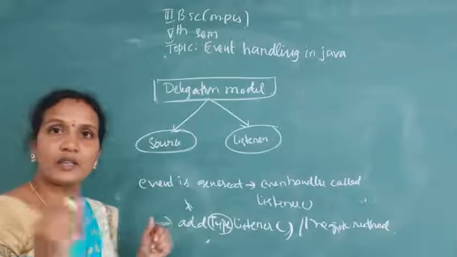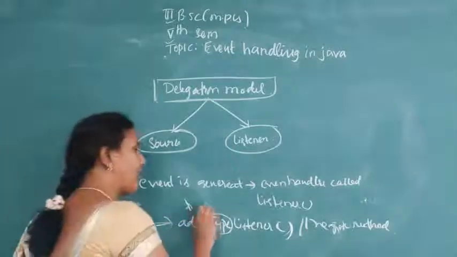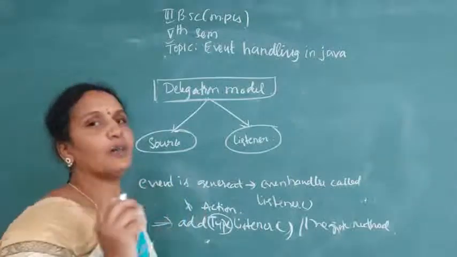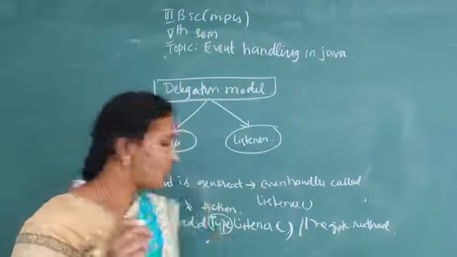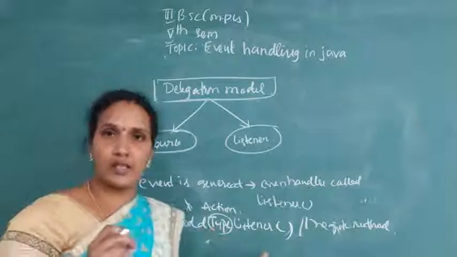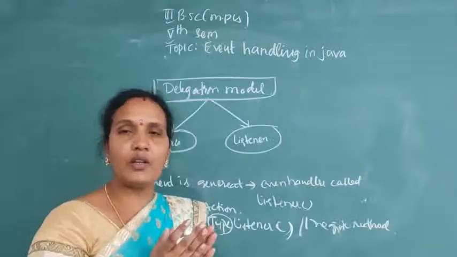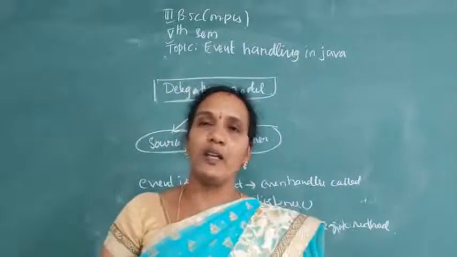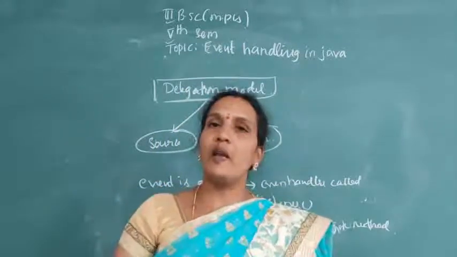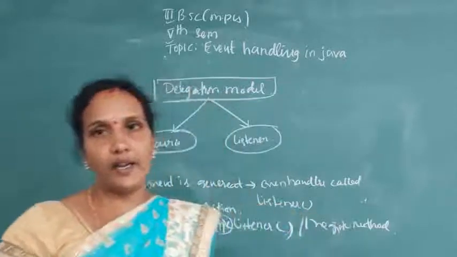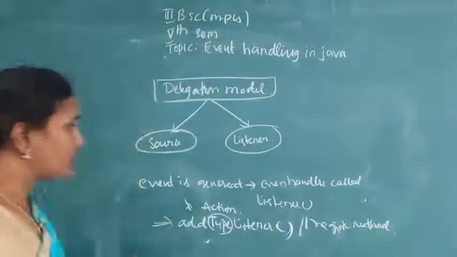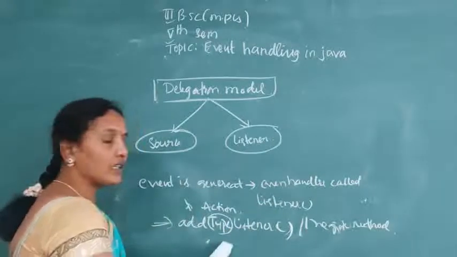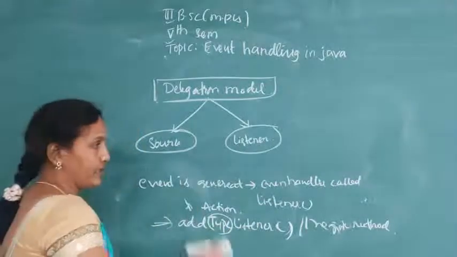Clicking on the button comes under action, so here the type is action listener. Based on the type of event you are performing, you should register with that particular listener, and then only your event is handled properly.